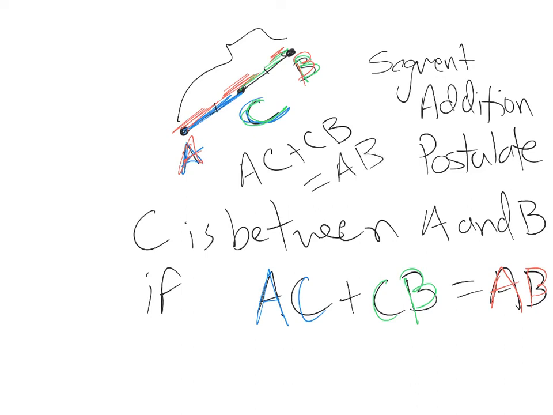Not necessarily that the two segments are equal, because that would mean C is a what? If these were equal, that would put C as a midpoint, which is a different postulate. We often refer to the segment addition postulate in proofs as SAP, and that's okay. SAP is sort of the common name for segment addition postulate. That's a fine way of referring to it.